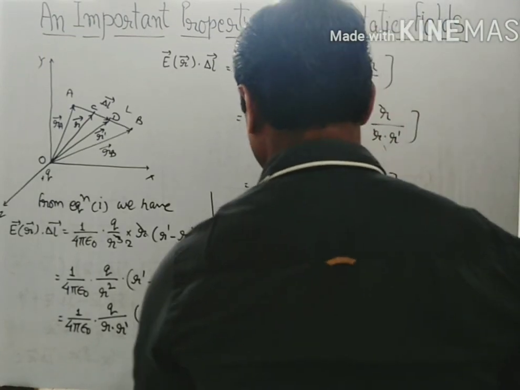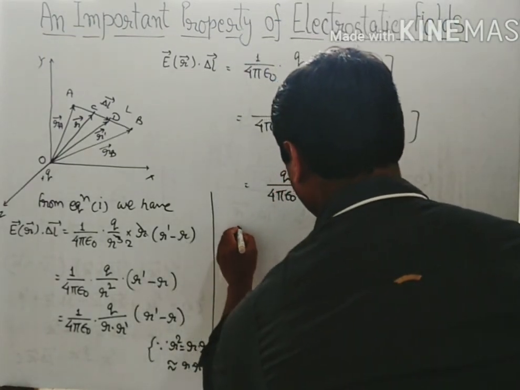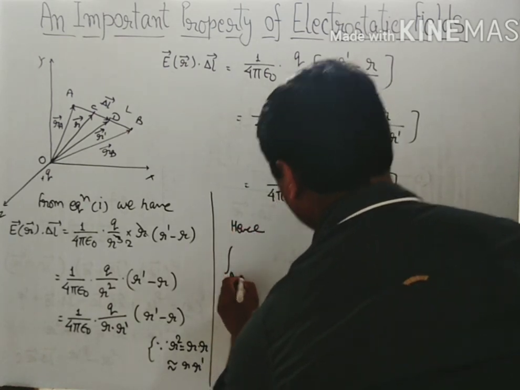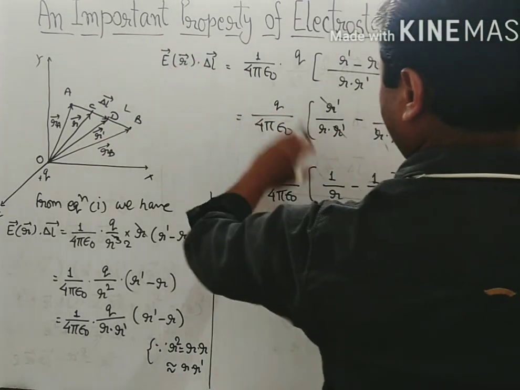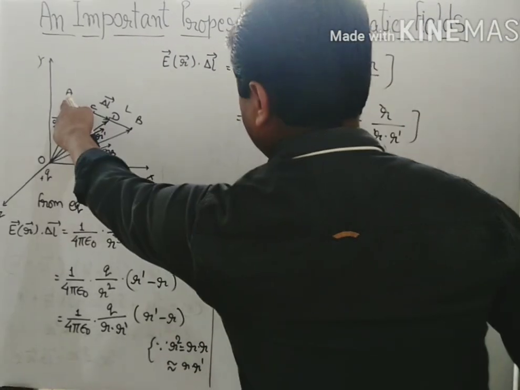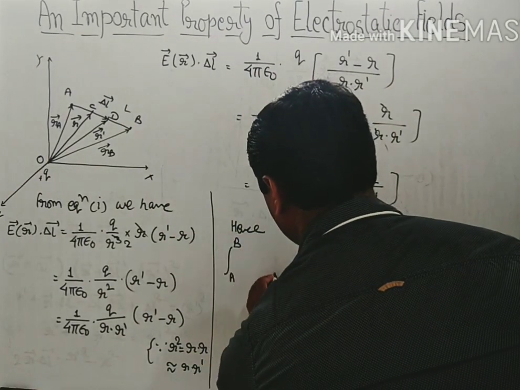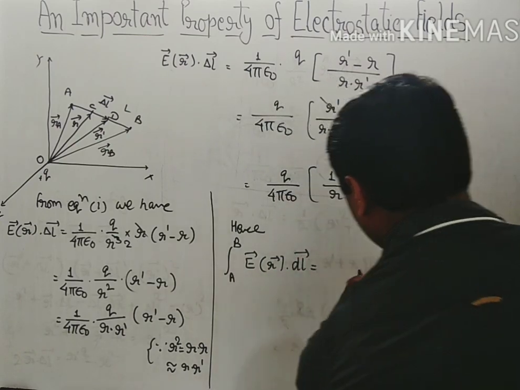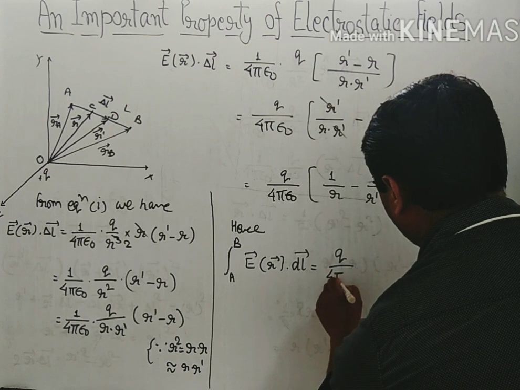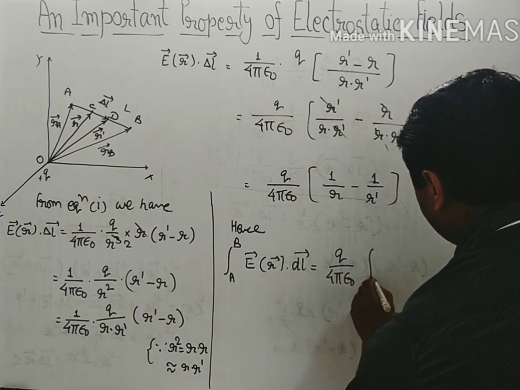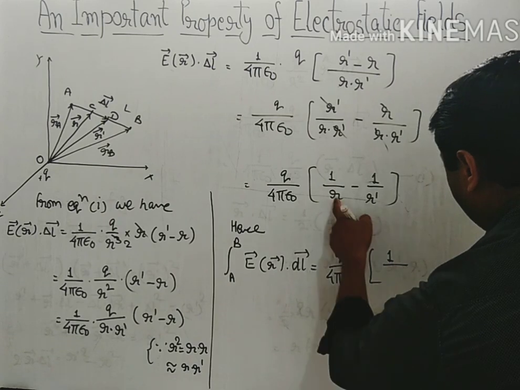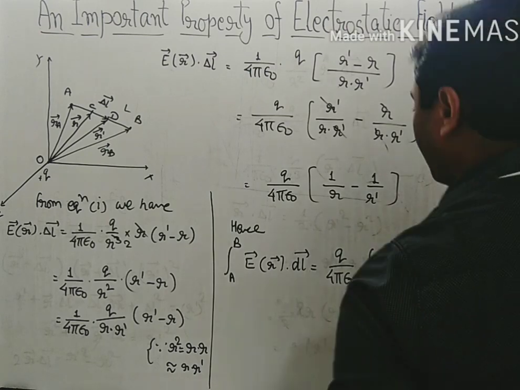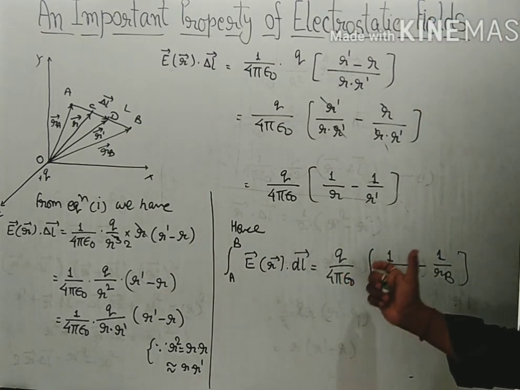And hereafter, what do we write? Hence, if we integrate both sides between a and b, integral from a to b, vector E function of vector r dot vector dl, this gives us q upon 4 pi epsilon naught into 1 upon r A minus 1 upon r B. So this is the outcome.